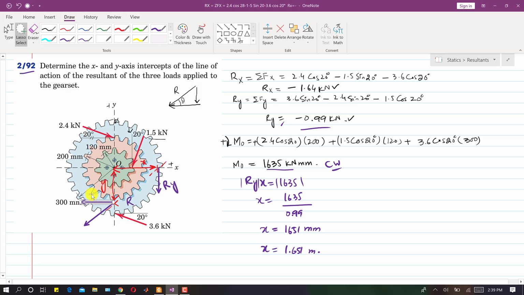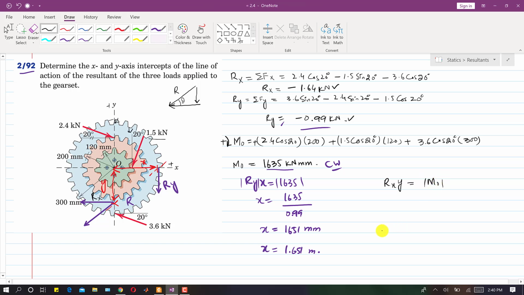So then this Rx will be producing moment. So we will write Rx, and the perpendicular distance from O is y, so it will be equal to the moment about O magnitude, right?